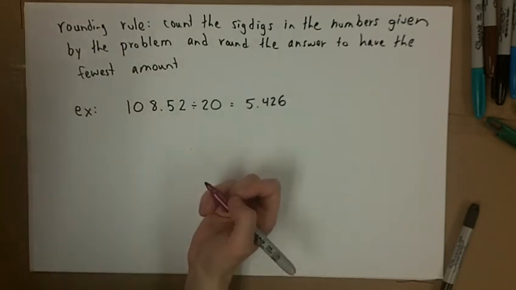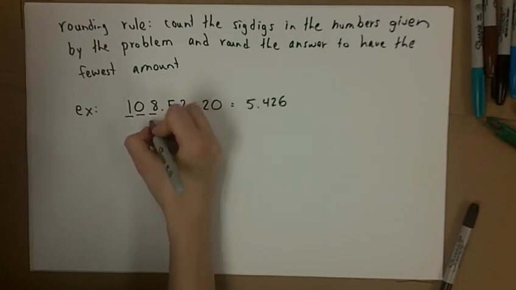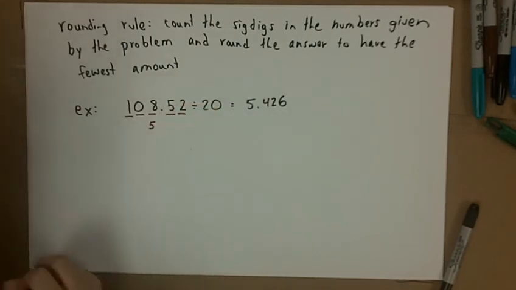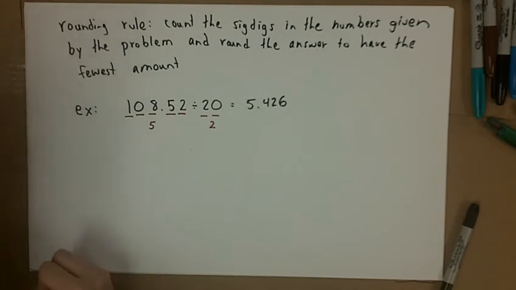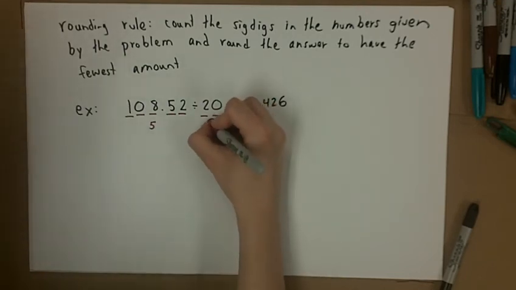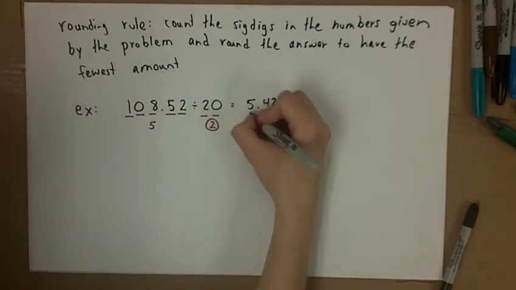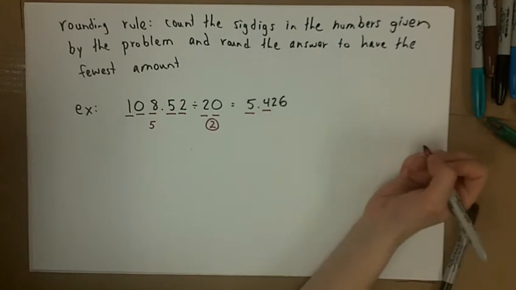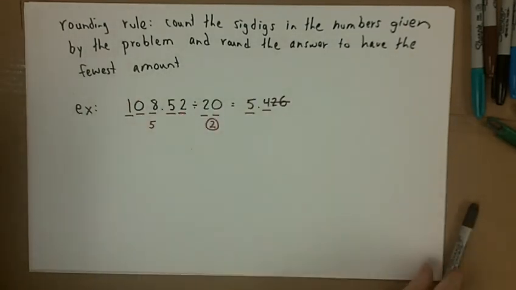If we look at the numbers that we started with, 108.52 has 5 significant digits. 20 only has 2. We must round our answer to have the fewest amount of significant digits. 2 is fewer than 5. So my answer should only have 2 digits. That means all but the first 2 have to be gotten rid of.